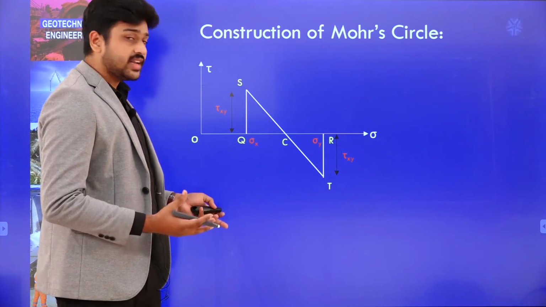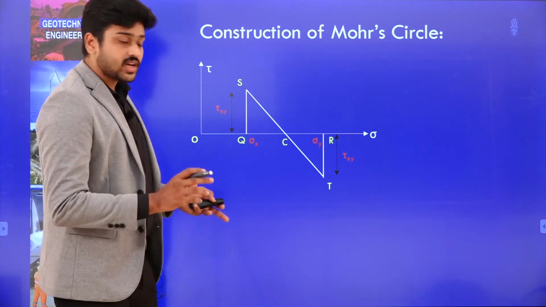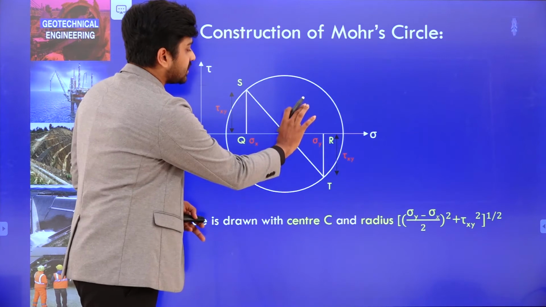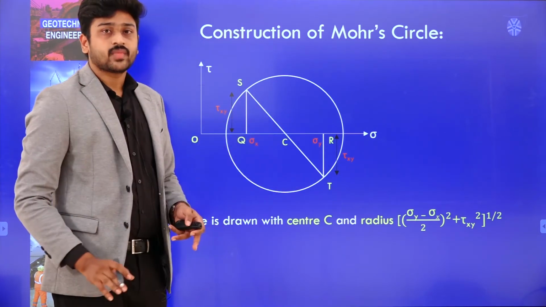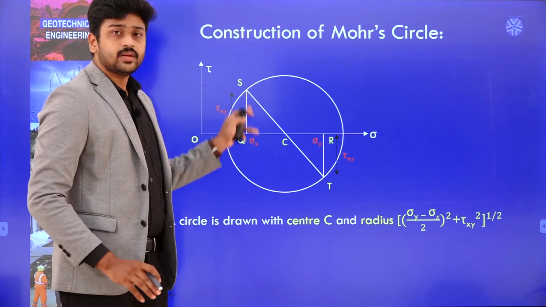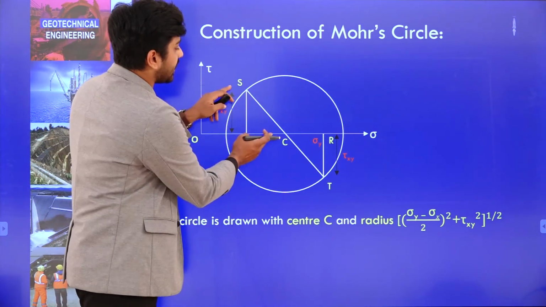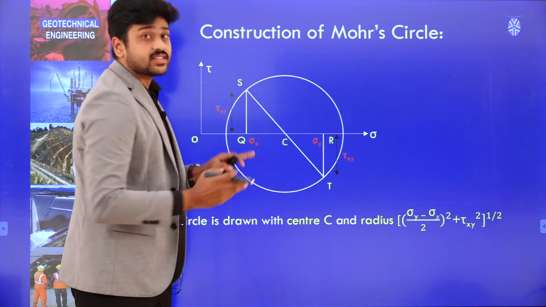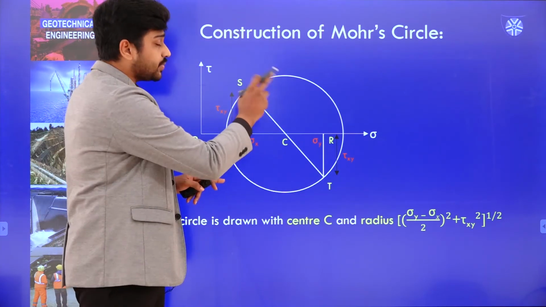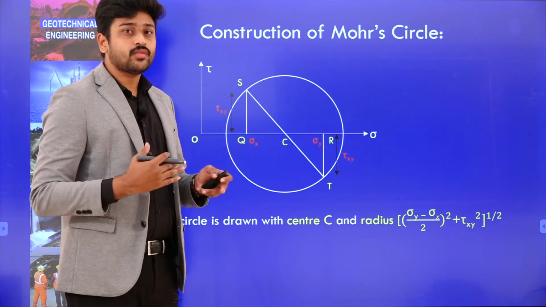Using a compass, place it at the center and draw a circle. Then you will get a particular circle. This is the Mohr circle. Or else you may simply take SC or CT as the radius and draw the circle. This is how we draw the circle.